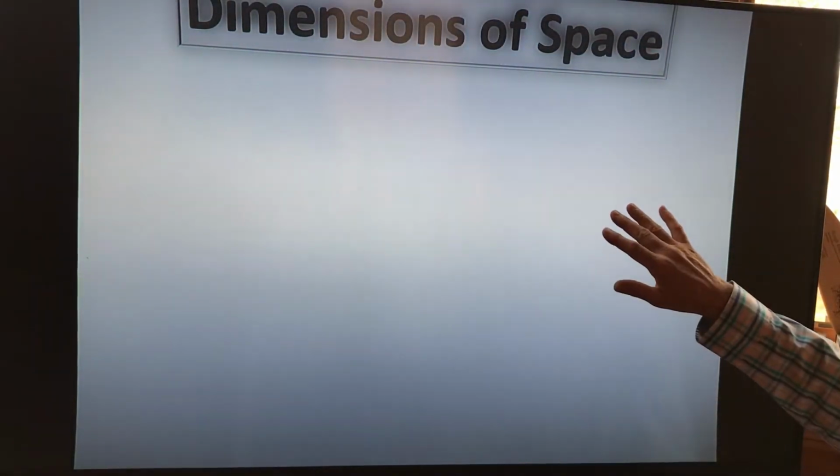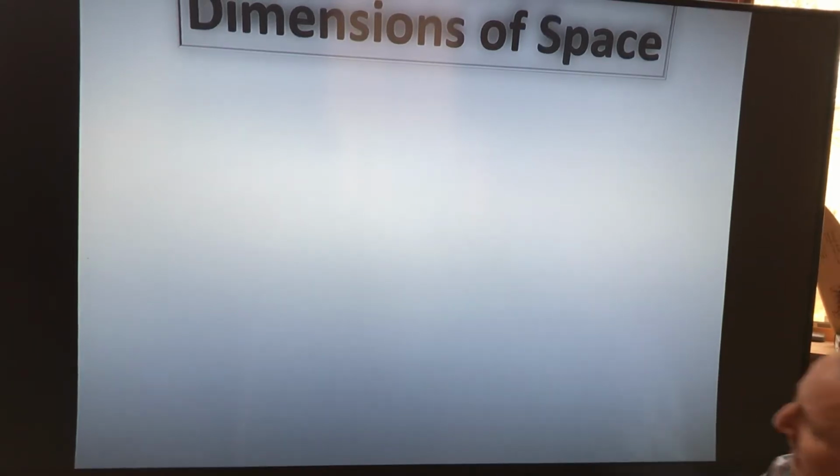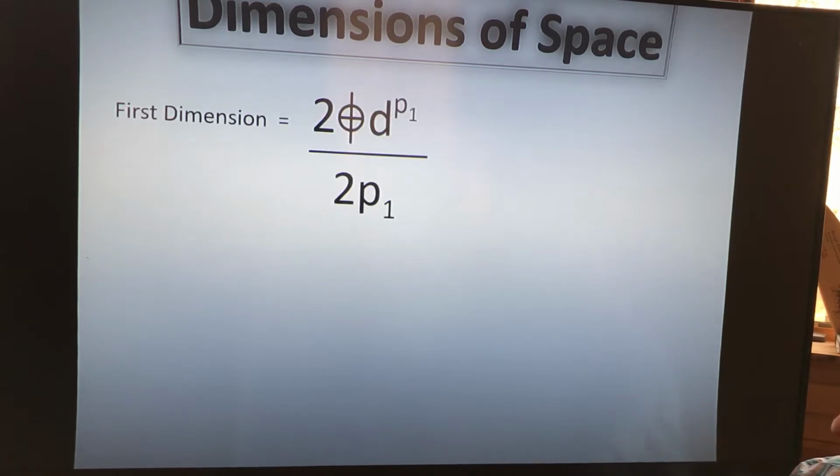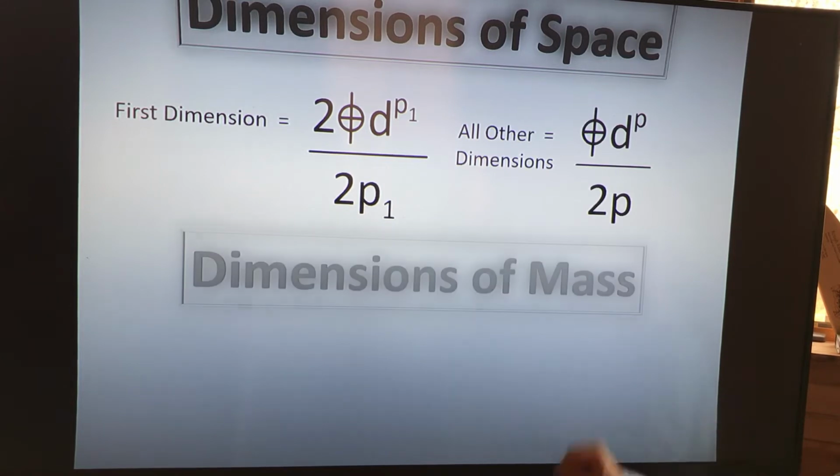So now we talked about dimensions of space and got these equations for space. It was the first dimension and then the second dimension, all other dimensions.